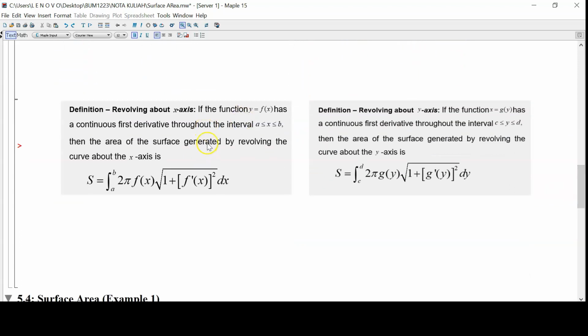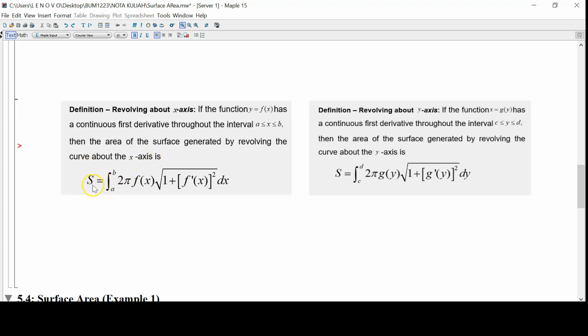In this study, we will look into two important formulas. The first one, if you're revolving about the x-axis: if the function y equal to f(x) has a continuous first derivative throughout the interval x between a and b, then the area of the surface generated by revolving the curve about the x-axis is given by this formula.